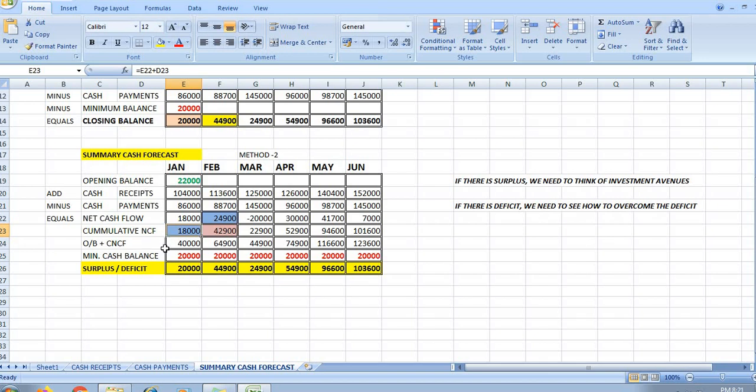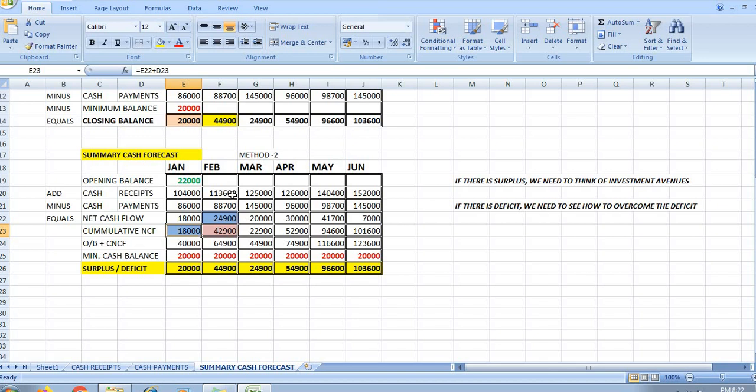In the next step, I am adding this cumulative net cash flow to the opening balance. Alright, so this is the amount of cash that I have. Then I subtract the minimum cash balance and I have what is known as a surplus or deficit. What do I do in the month of February?